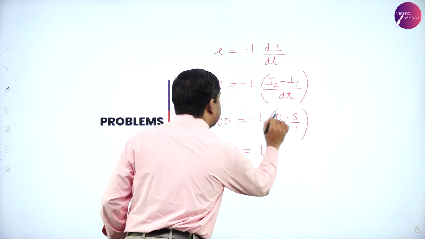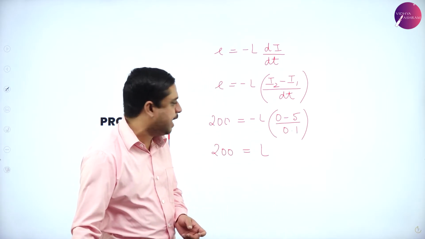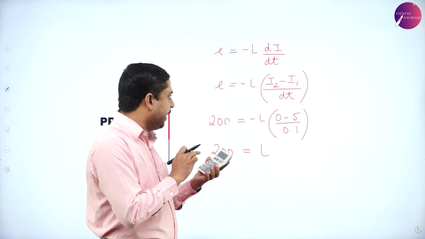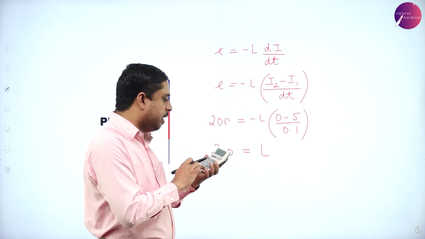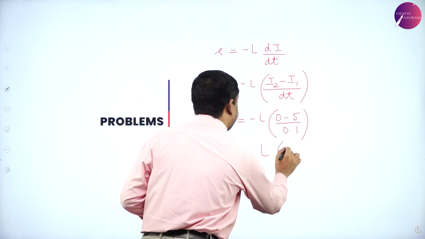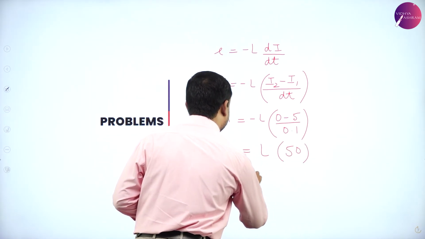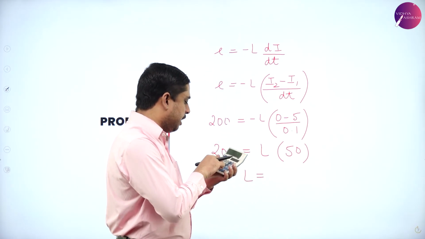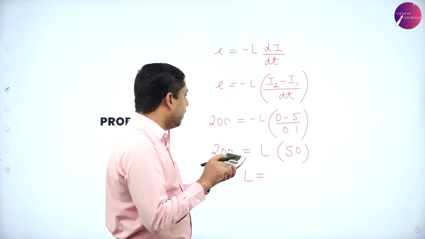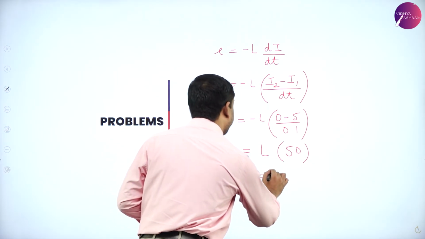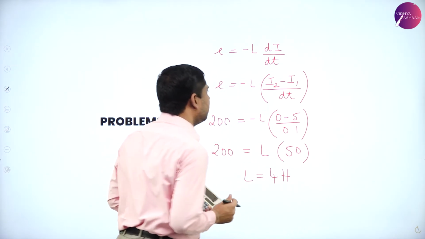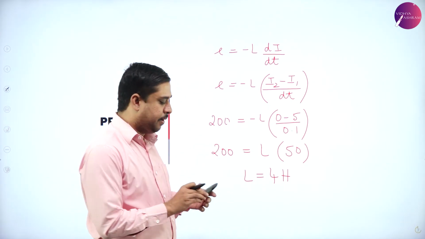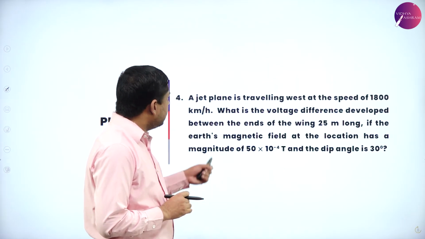Now this minus and minus becomes plus. This is 5 divided by 0.1, which is 50. So very clearly, L is 200 divided by 50, which is 4 Henry. Again, a very simple calculation. Next one.